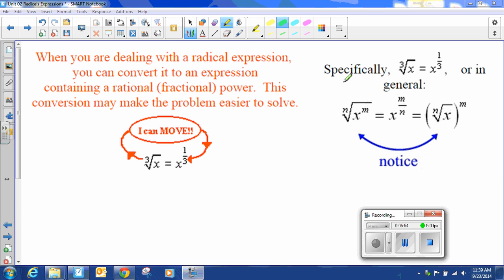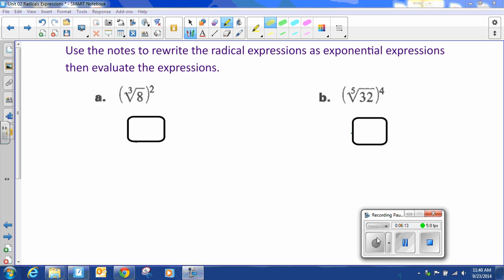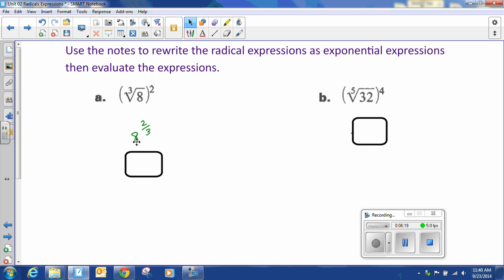As you can see here, the index becomes the denominator of the fraction, and the power under the radicand is the numerator and can also be the power of the entire expression. So the cube root of 8 squared can be rewritten as 8 to the 2/3 power, and the 5th root of 32 to the 4th power can be rewritten as 32 to the 4/5 power.